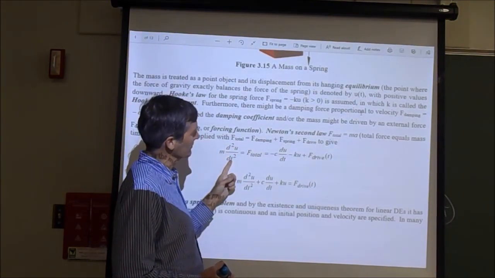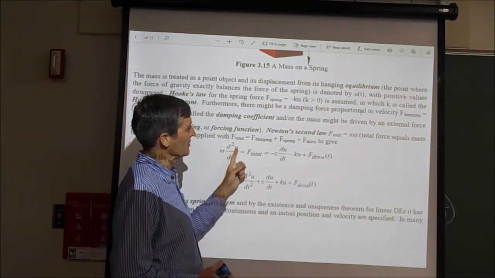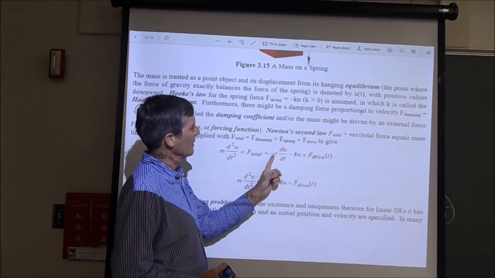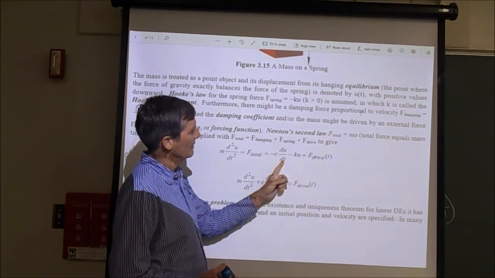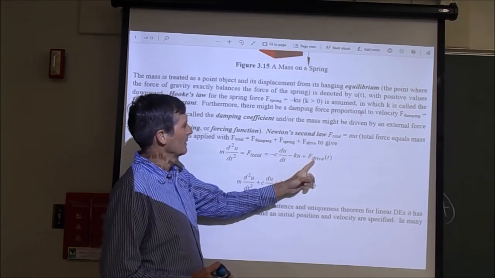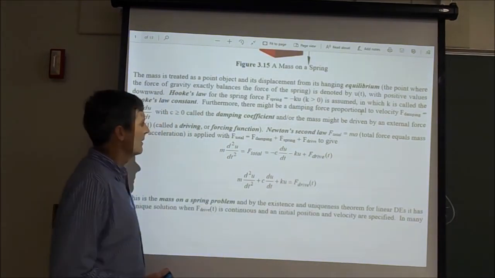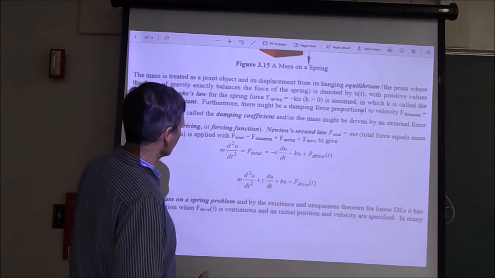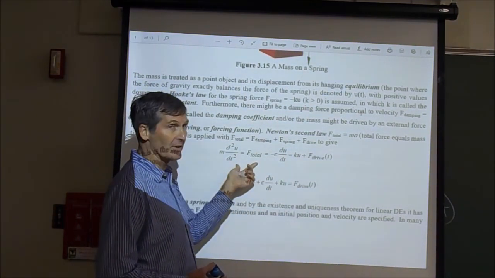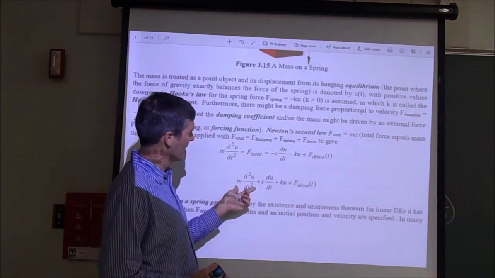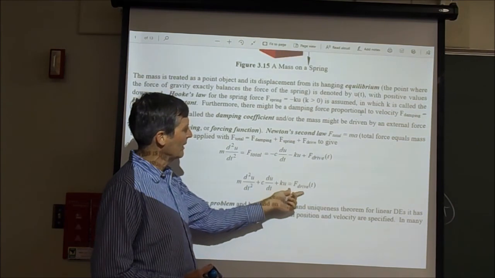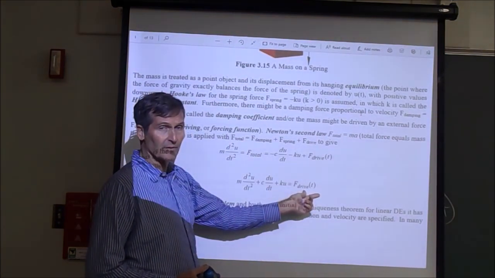That has to be equal to the sum of all the forces applied: the damping force minus c du/dt, the spring force minus ku, and any forcing function I call f_drive of t. Add these two over to the other side and rearrange the terms: m d²u/dt² plus c du/dt plus ku equals the driving force, a function of time only.